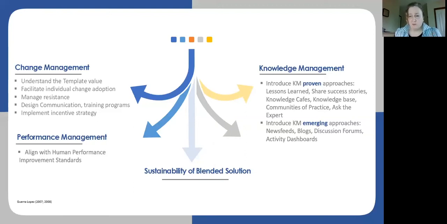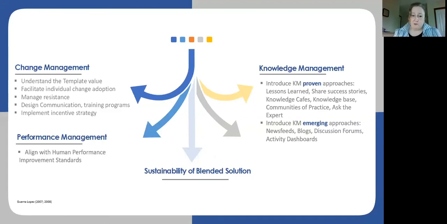You have all heard about them as tools really to support ideation and efficiency from the business perspective. And emerging are the new tools that are coming, like news feeds, blogs, analytics, activity dashboards, that would really be new tools to support the knowledge flow and showcase it.